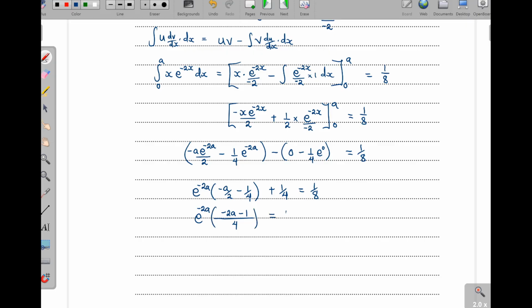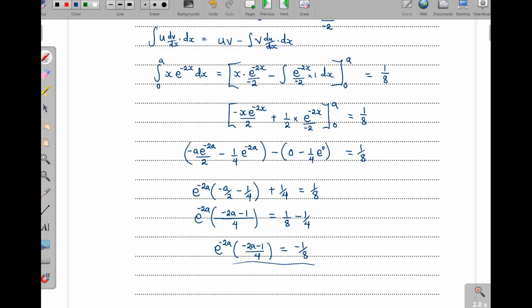Then this one will be equal to 1 over 8 minus 1 over 4, and I can say times 2 to have a common denominator. Then this will be 1 minus 2, that is negative 1 over 8. So e to the power of negative 2a, and then we have negative 2a minus 1 out of 4, equal to negative 1 out of 8.